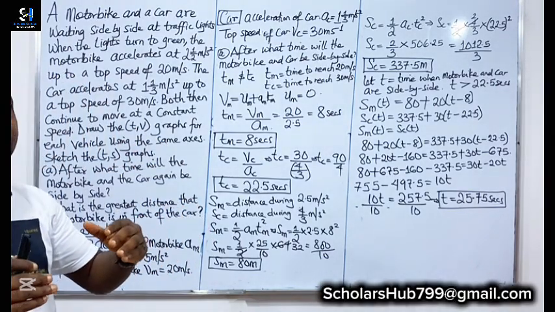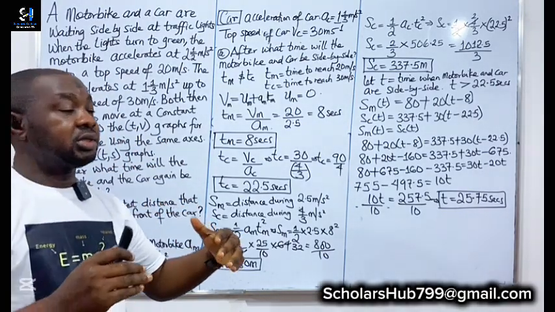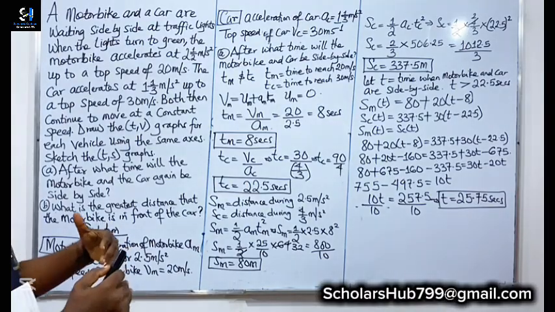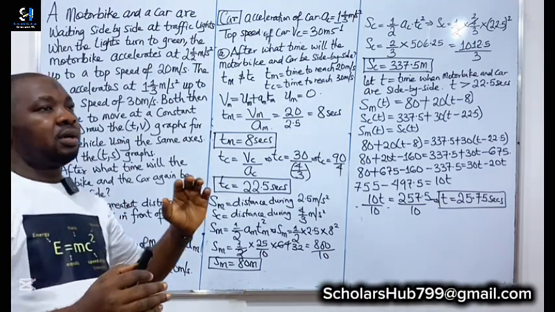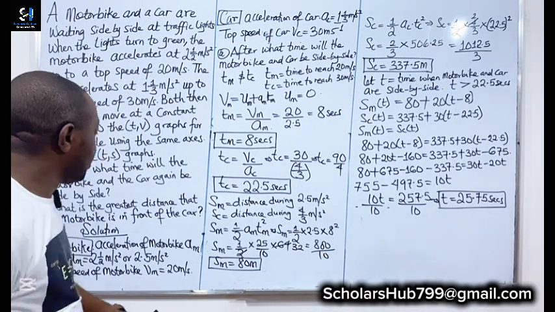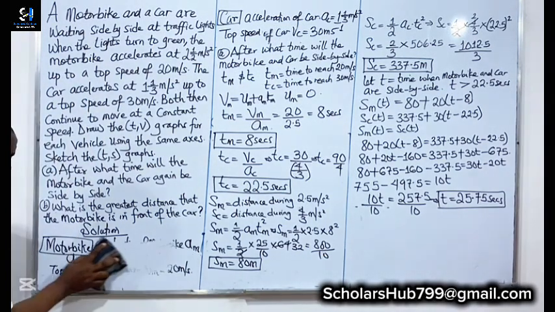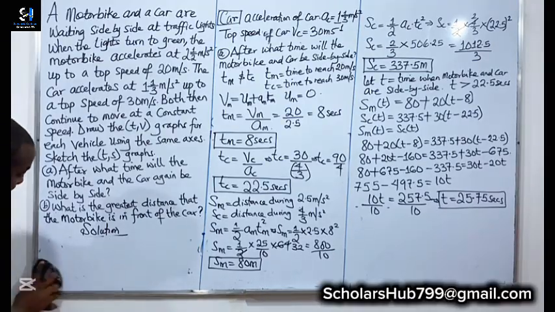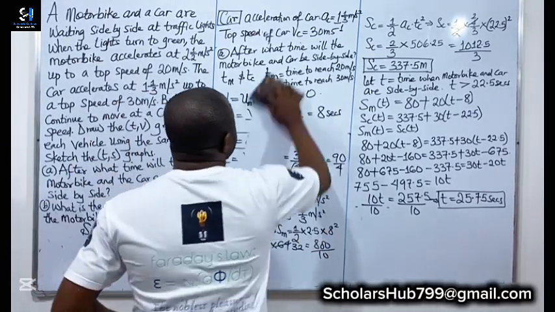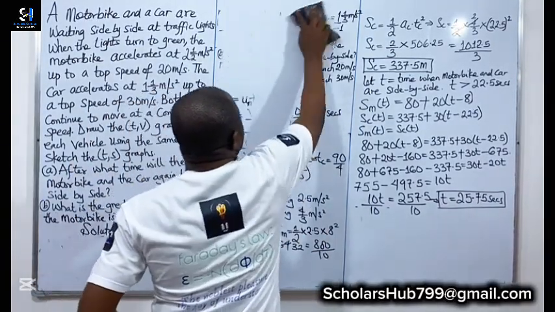So in this case, when they say the greatest distance that the motorbike is in front of the car, let's do it this way.